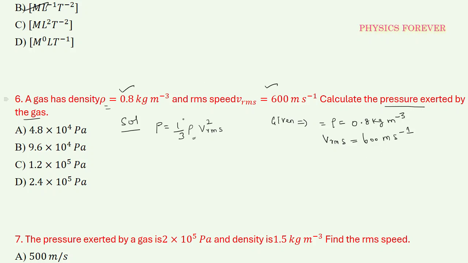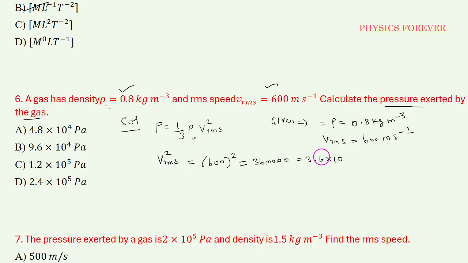So 1 by 3 is the constant. First we have to find this one: the root mean square velocity squared, 600 squared, which is 360000, that is 3.6 into 10 power 5.